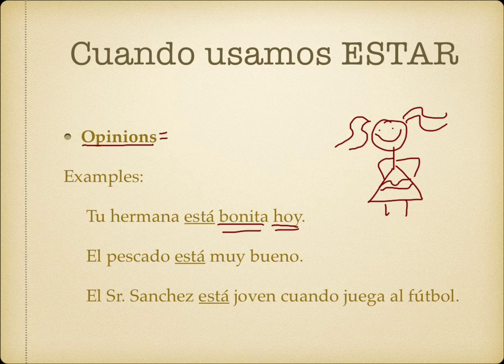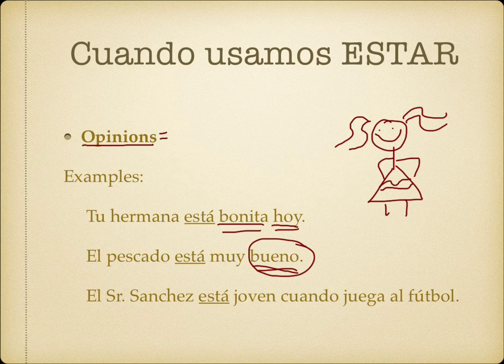El pescado está bueno. Okay, the fish is good. Very good. Meaning it could be that normally sometimes the fish is not very good. It tastes bad. But today it's especially bueno. It's especially delicious. So something that's out of the norm. I think it's good. Yo creo que el pescado es muy bueno. Or está bueno. Okay, I think that the fish is good today.